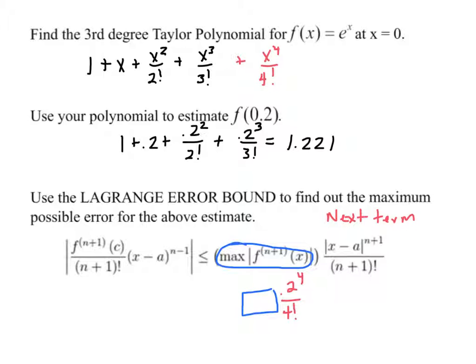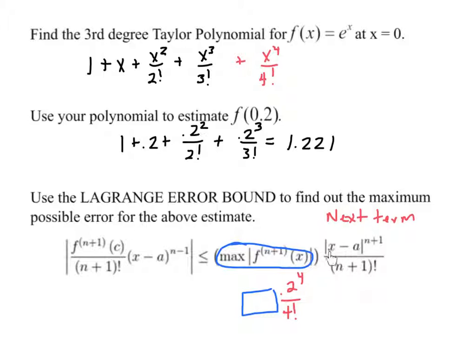I just wanted to explain one other thing. You see this x minus a here. The x minus a has to do with the fact that we may not have centered our series at 0. So your series could have been about the point x equals 2, and then you'd maybe be estimating 2.2. So you'd have 2.2 minus 2.